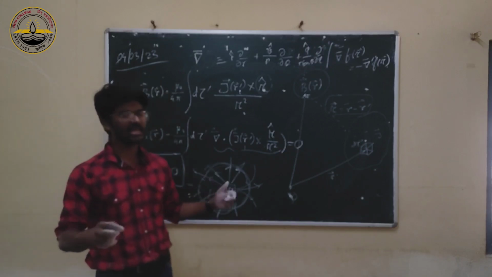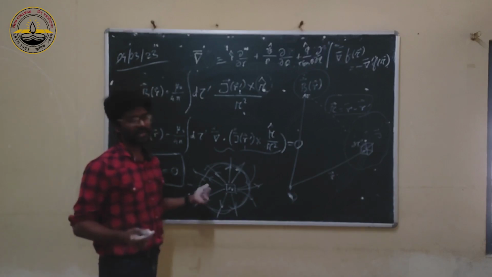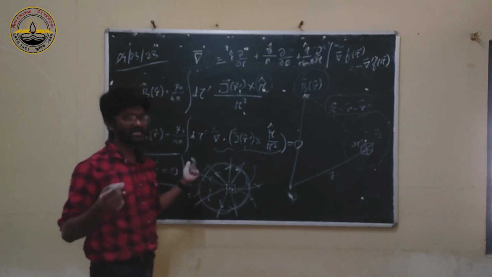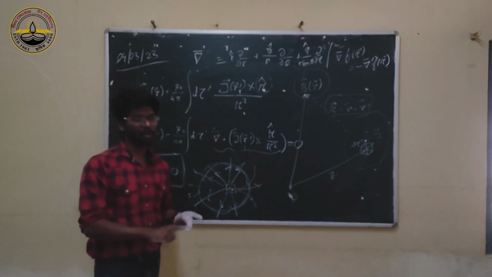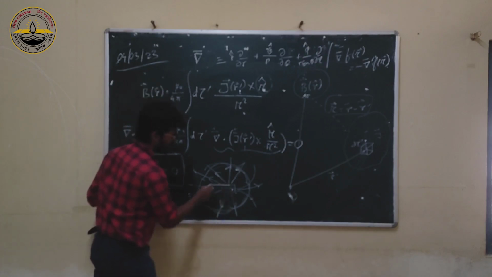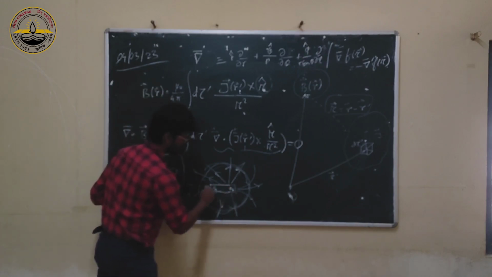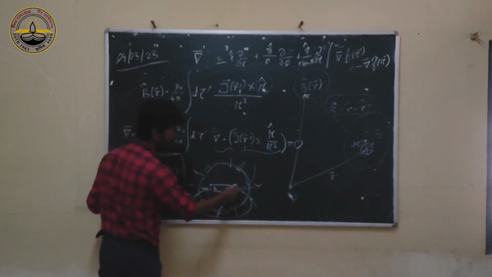So electric charge is like an electric monopole. But magnetic field has no monopole, because only if it had a monopole there would be a divergence. Otherwise, no. It is at least a dipole. Whatever comes out enters through the other pole.